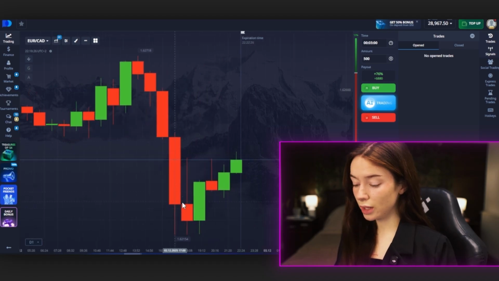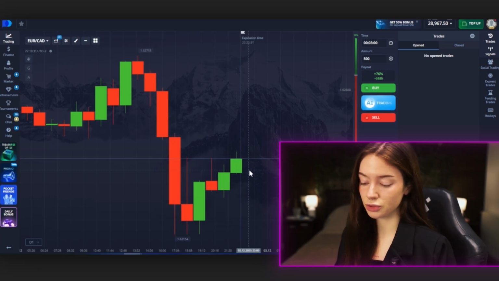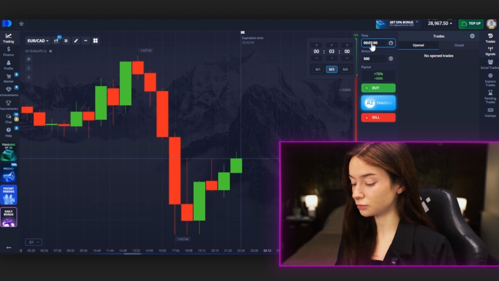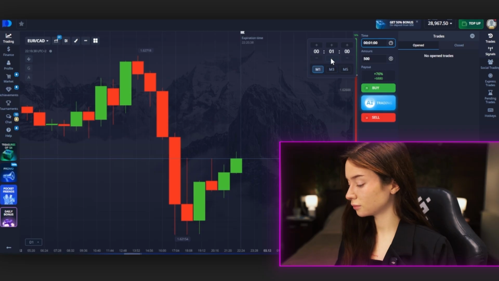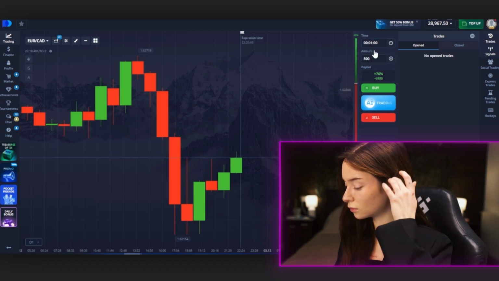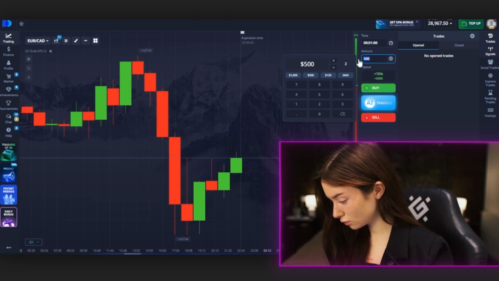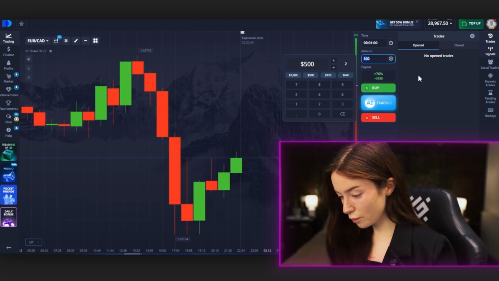There was a sharp breakout downward, right? A strong candle. Now there is an upward trend. Accordingly, we select the 1 minute time frame and open a buy trade.